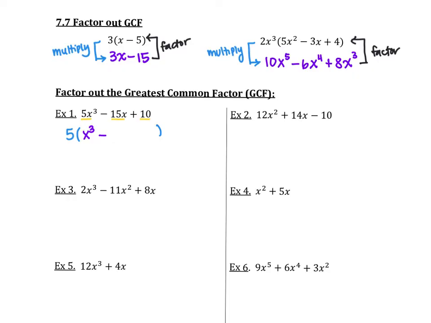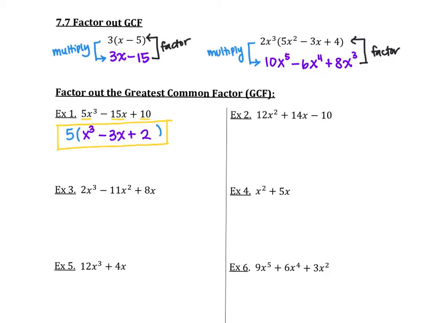Well, 5 times 3 gives me 15. 5 times 3x gives me 15x. I'll bring down the plus sign. And then one more term. 5 times something equal to 10. Well, that's 5 times 2. Now I factored it. I took out the greatest common factor, and it's in factored form, and that's my answer.